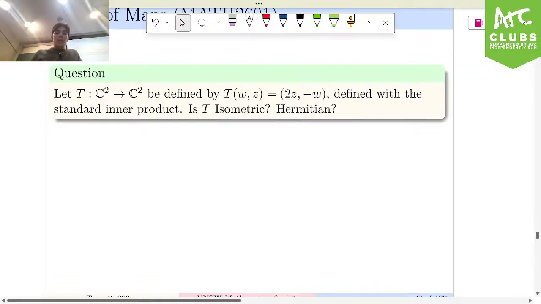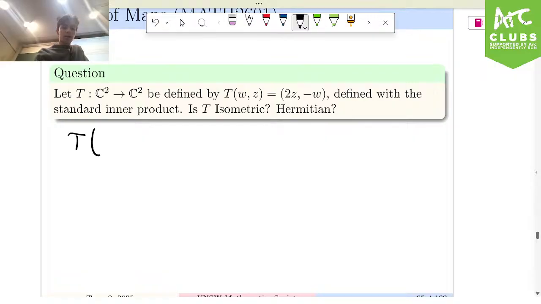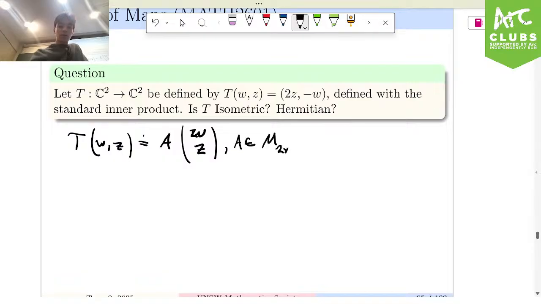So we've got an example map here, right? T of WZ is TZ minus W, defined with the standard inner product, right? Is T isometric and is T Hermitian? So we can define T of WZ to be some matrix A multiplied by WZ, where A is a 2 by 2 complex valued matrix.